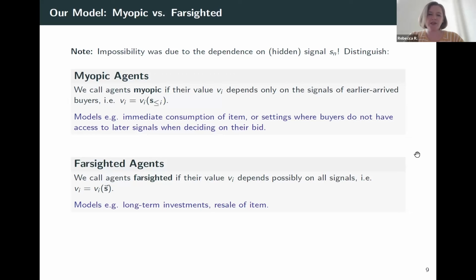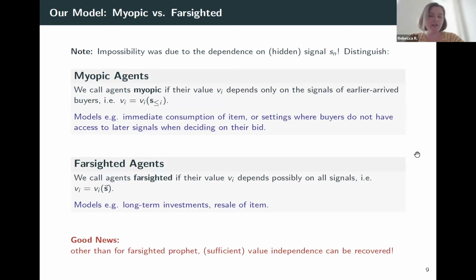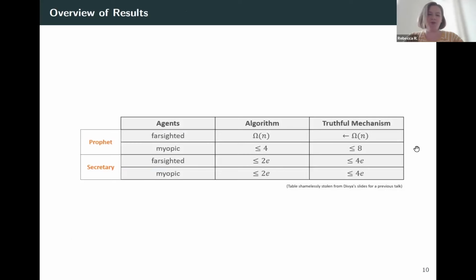So with this distinction, actually, there is some good news and we can do something. Let me show you a small overview of what we have. So in the end, after looking at both the settings, Prophet and Secretary, and doing them in both versions, farsighted and myopic, besides showing that you can't do better than essentially an N competitive algorithm for farsighted agents in the Prophet setting, we could actually show something much better if agents are myopic.